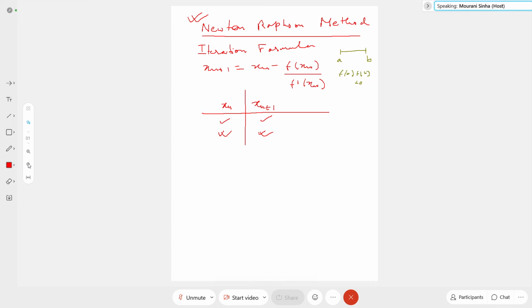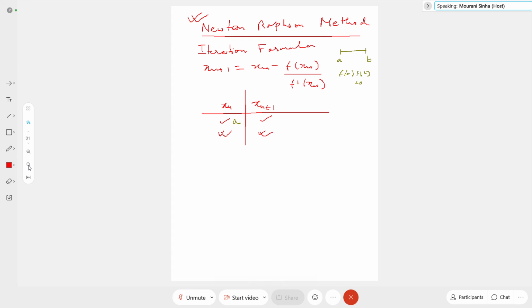If f(a) f(b) is negative, the root lies between a and b. That concept of the bisection method goes about here also. Okay. And in the iteration table, the first value is the a value. So if the root lies between a and b, we start with the first a value. So that's all that is required in the Newton-Raphson method.